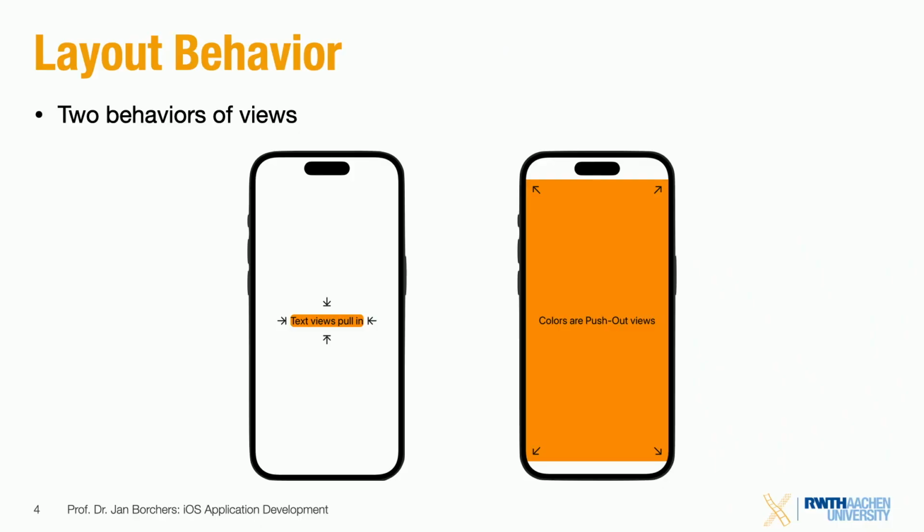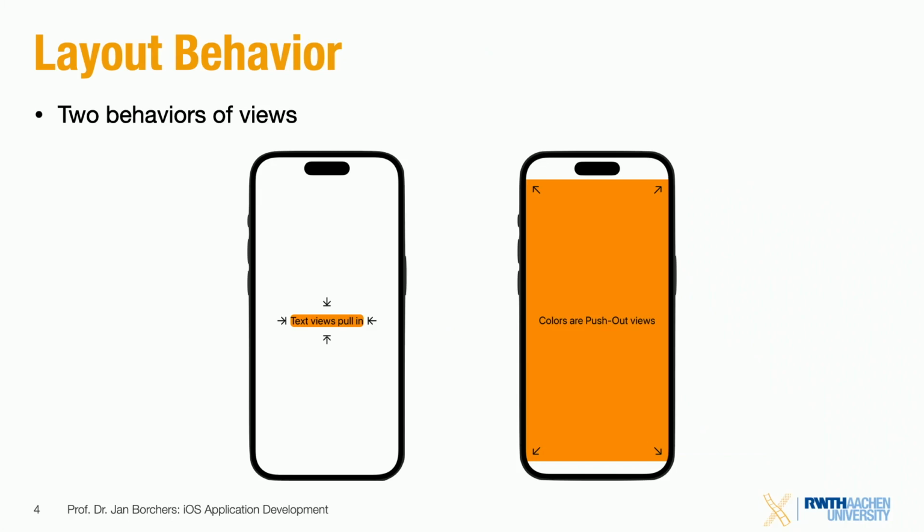You can also just try it really quickly with the preview function, and on the canvas it's an easy test to see how it behaves. But it's a useful distinction nevertheless, and if you want to find out more about that, there is a nice book by Mark Meukens. I'll give you the link at the end of the talk. That actually has a nice markup saying which view behaves which way.